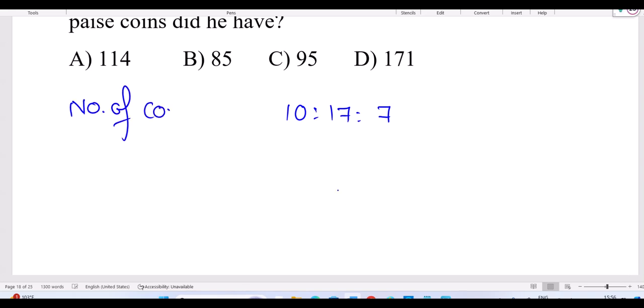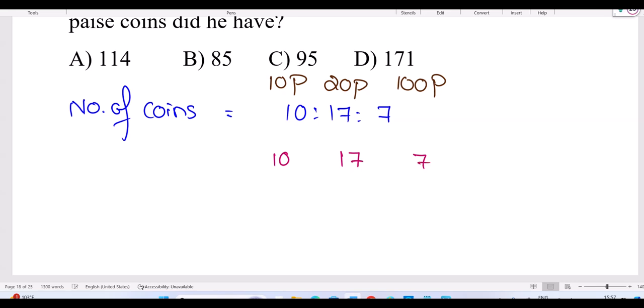The number of coins is 10, 17 and 7. Is that the same ratio? 10, 17 and 7. The first one is regarding 10 paise, is it? The second one, and the last one, 100 paise, right? Now, guys, see this assumption power. 10, 17, 7. I can take this as 10 coins, here 17 coins, here 7 coins only. Or 100, 170, 70.